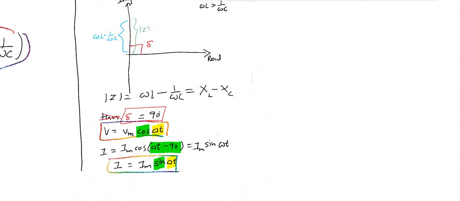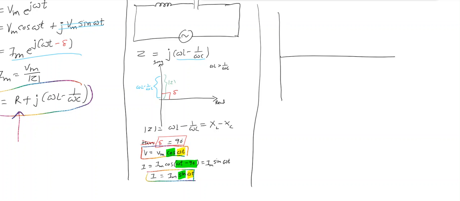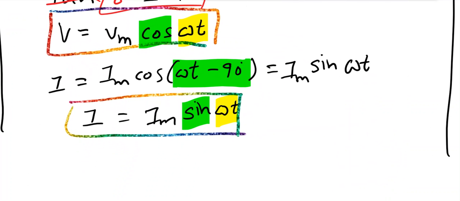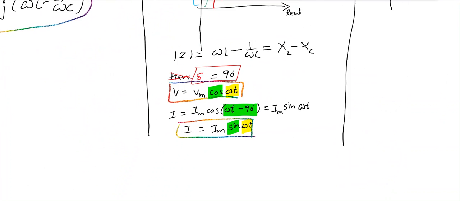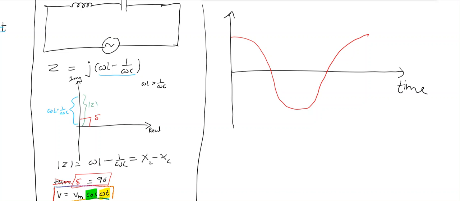So how do we represent it? Let us first try to plot voltage. If I take time on the horizontal axis, voltage is a function of cos, so I can show the variation in voltage like this. Now current is to be shown as a function of sine. It is Im sine omega t, and I'll have to take a sinusoidal wave.